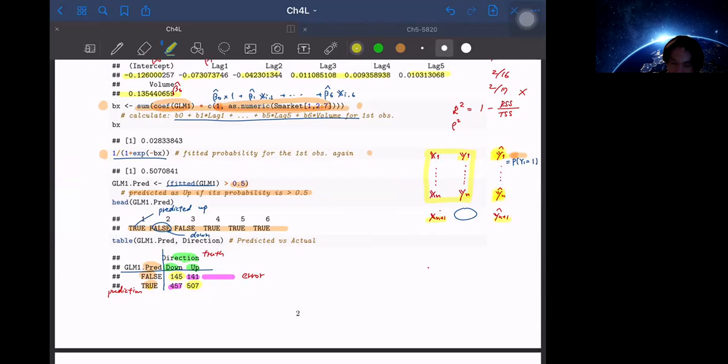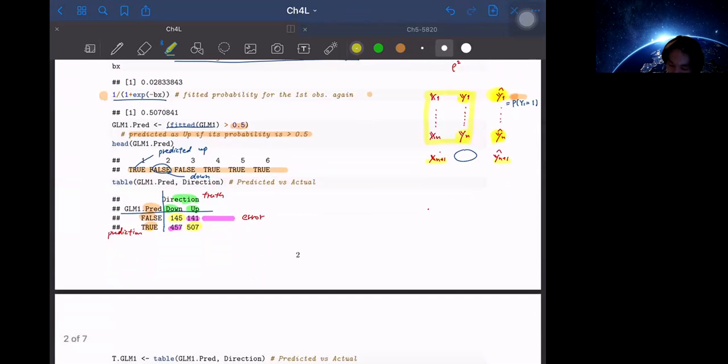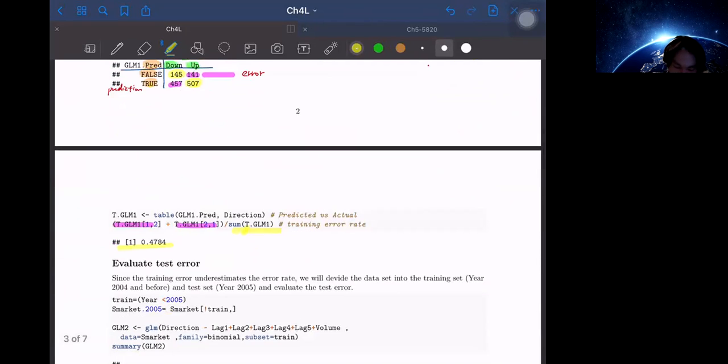So it's not really a prediction. We just fit the data and check if the fit is good. It's not really a fair prediction, but still the error rate is 47.8%.